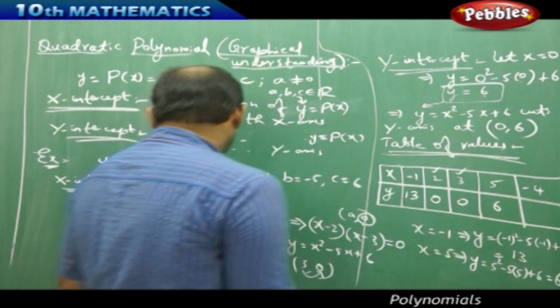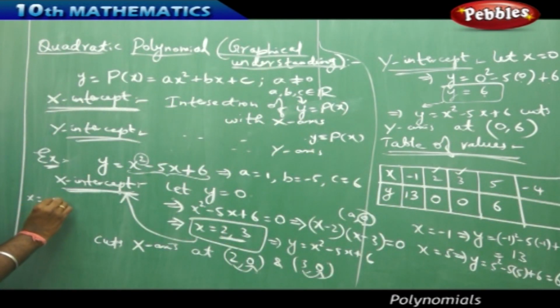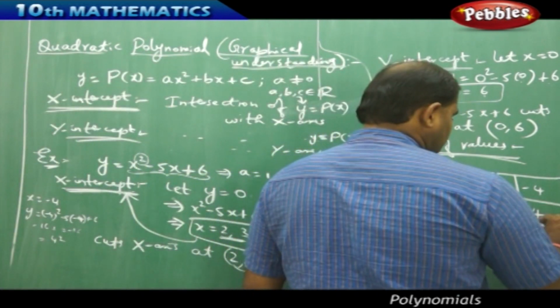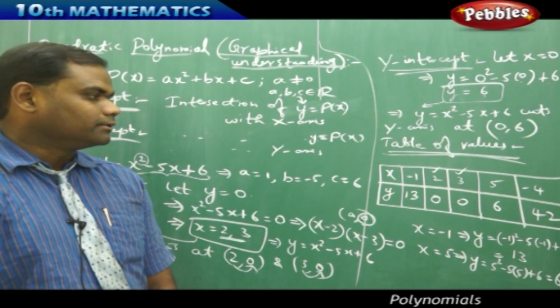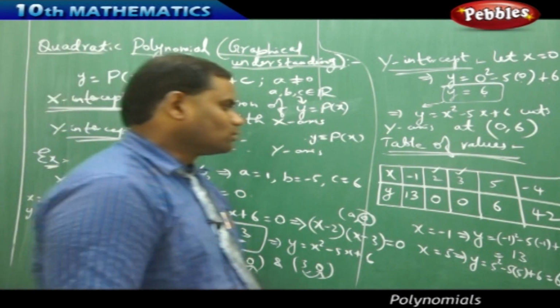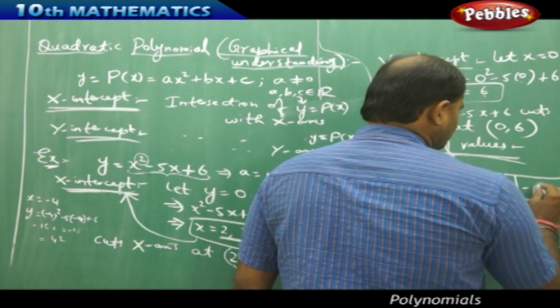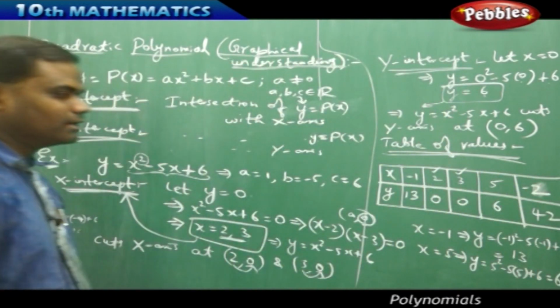Similarly, when x is -4, y equals x squared minus 5x plus 6, which on simplification gives me 16 plus 20 plus 6, which is 42. So my y is too huge, 42 on the left. Let me not take such a big value, but try -2 so that I get a lesser value.